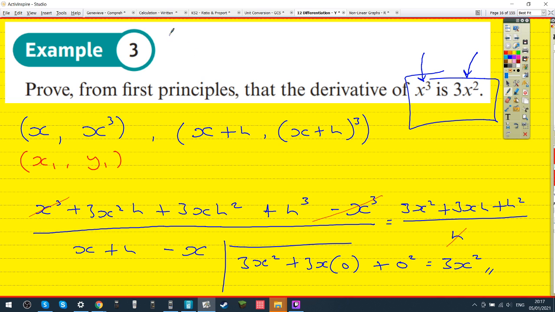So let's say x equals 5. When x is 5, what is the gradient?